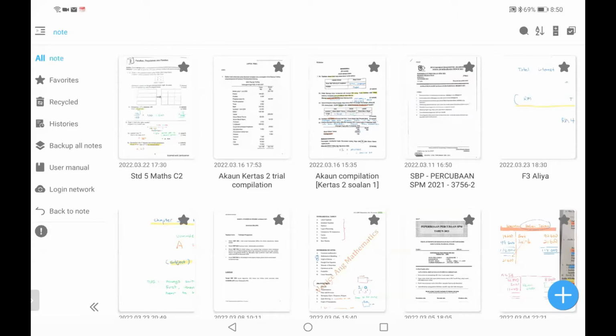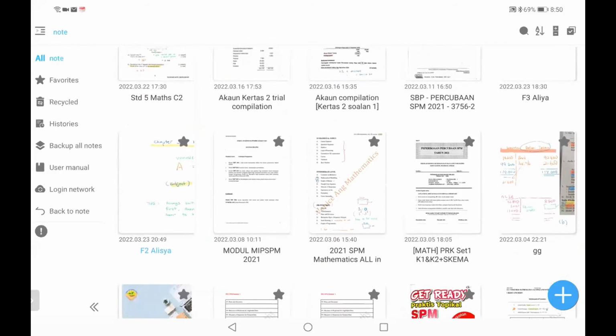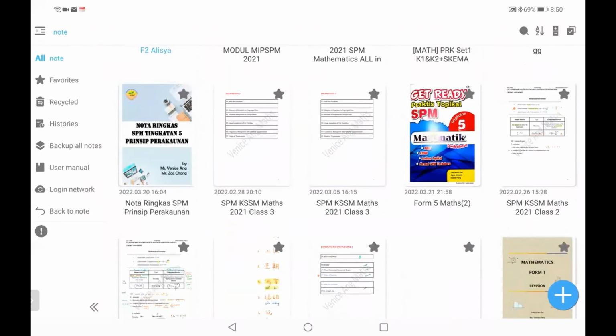This one is very interesting and also very easy compared to chapter 2. So let me open back. Example, we have P plus 3Q equal to Y. So let me write properly first. Now I want to make P the subject. So I will write bracket P at the back, meaning I want P alone only.